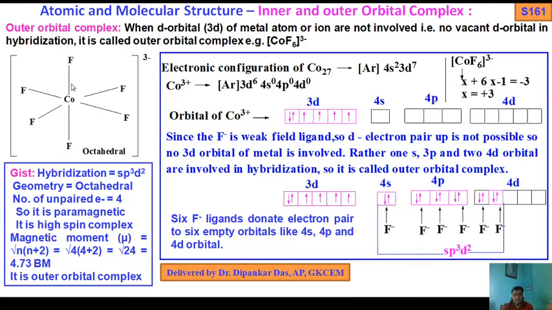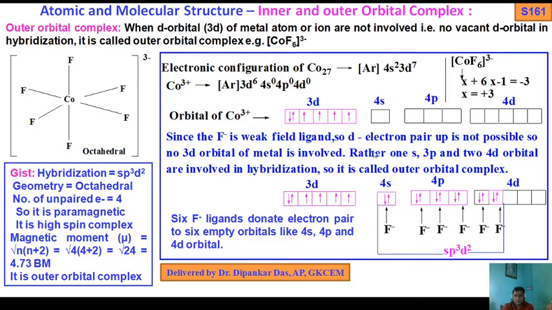As you see, how many fluorine? 6. So 1 4s, 3 4p, and 2 4d orbitals participate in the hybridization. Now the 6 fluorine ligands donate electron pairs to 6 empty orbitals: 4s, 4p, and 4d.